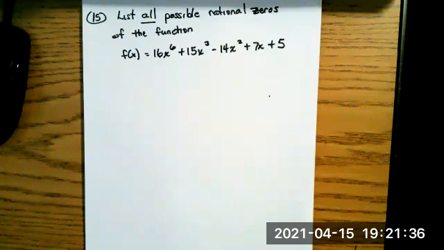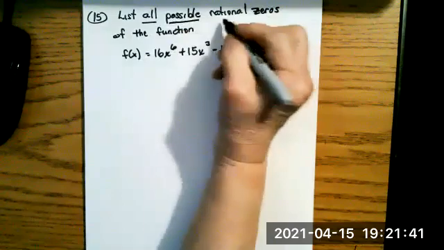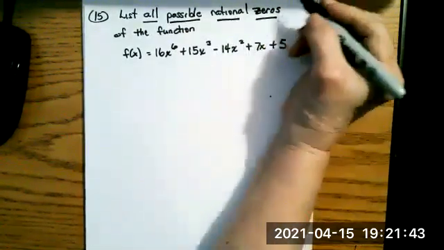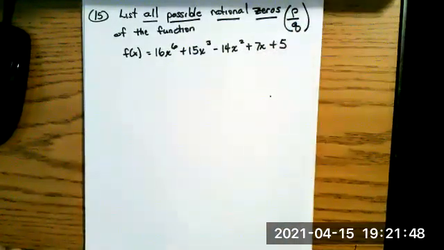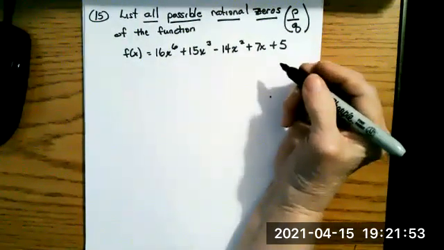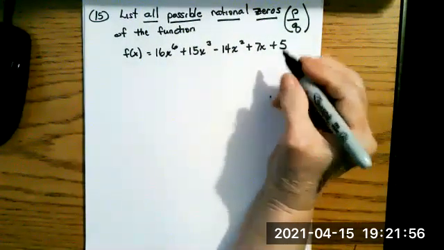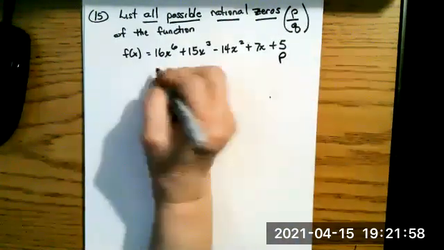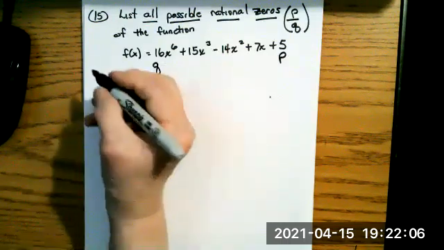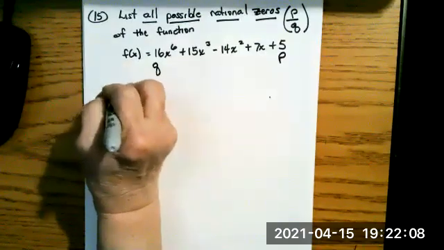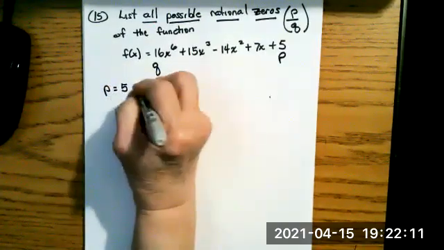Okay? Now then, when it says list all the possible rational roots, think P over Q. The 5 that's here is your P, and the 16 is your Q. So you write down P is equal to 5.